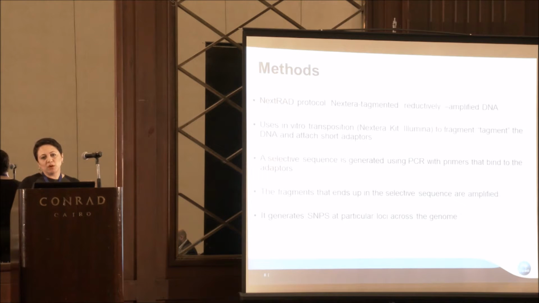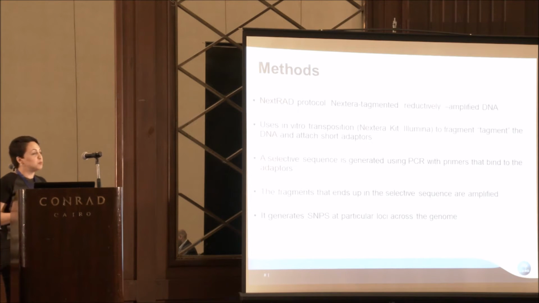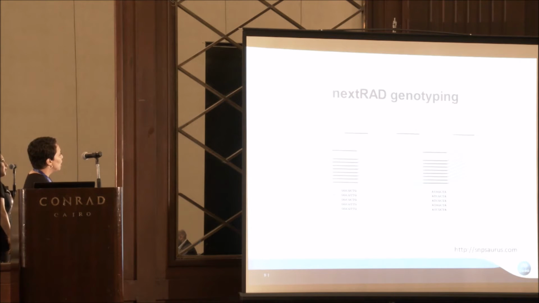Basically this was a really hot technique maybe 5 years ago. Right now we're sequencing the whole genomes, but this was really good because we're sequencing a lot of samples, so it's very cheap and practical and very informative as well. So this is basically how we're getting the information across the genome.